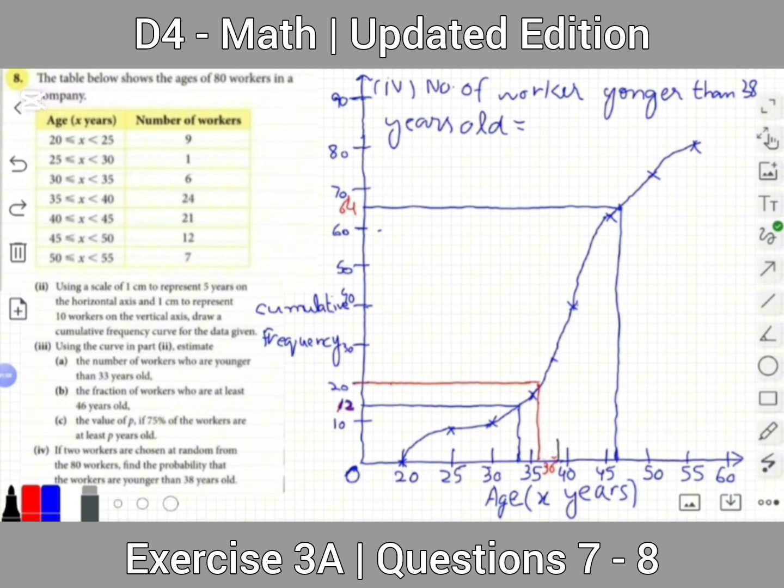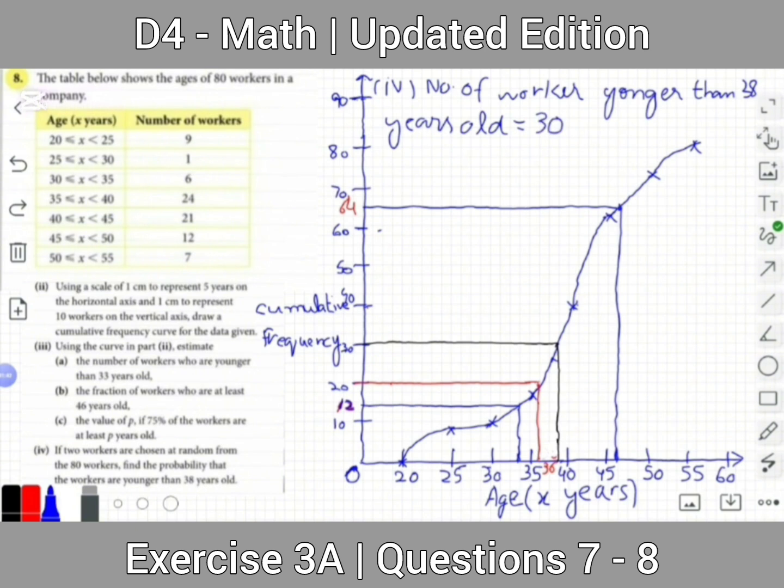And we will draw a vertical line until it intersects the curve. Now from the point of intersection on the curve, we will draw a horizontal line until it touches the vertical axis. So here we have the reading of 30. So the number of workers younger than 38 years old from the curve is equals to 30.